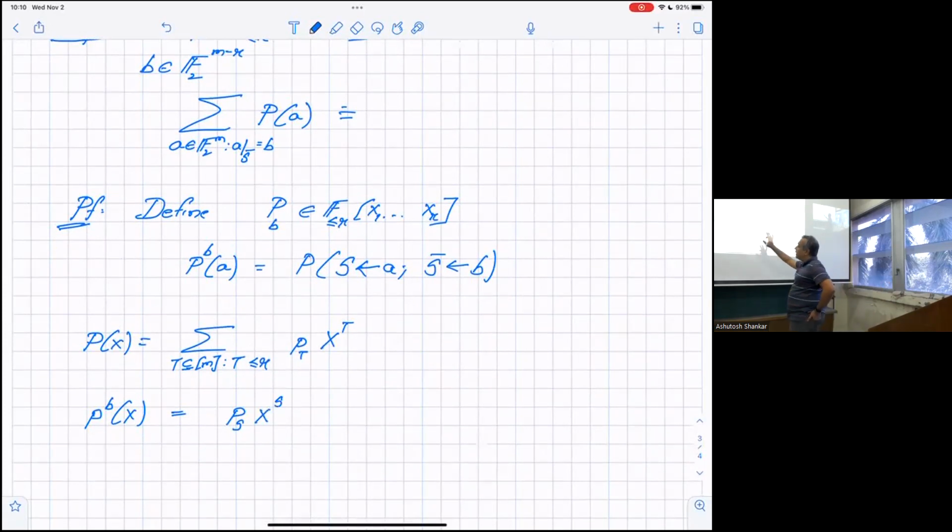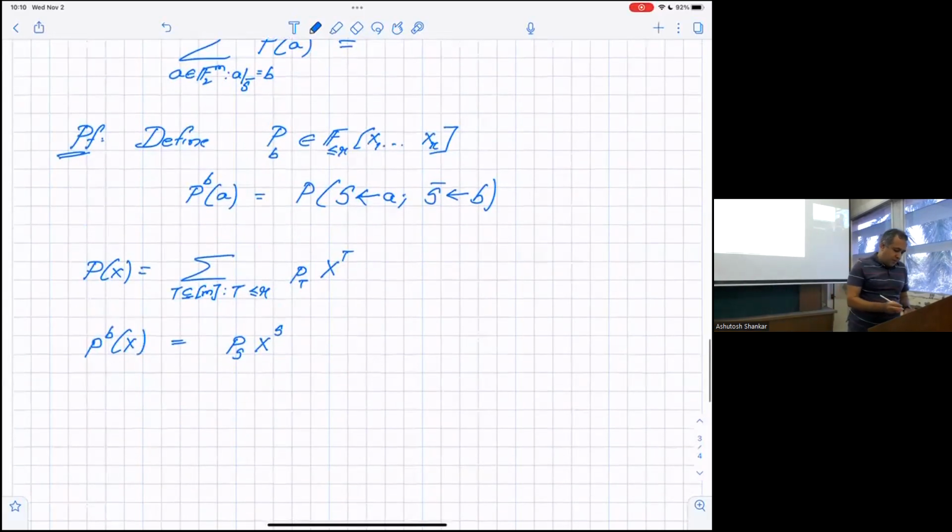What will happen to any other monomial? Will they get reduced? No. They could have some elements from the coordinates in S. For example, T could be a subset of this particular S, so it will not reduce at all. Basically each T will get replaced by T intersection S as the new monomial. Two T's which share the same T intersection S will actually sum up.